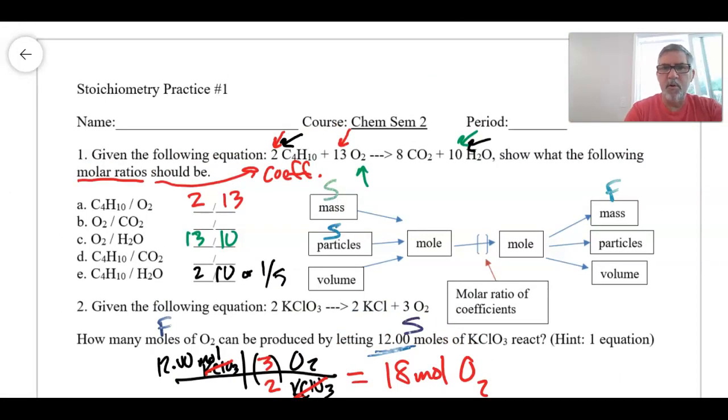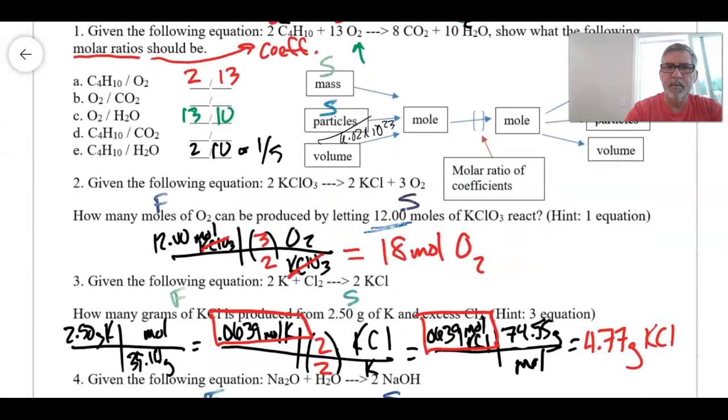Remember, if I'm going from particles to mole, I have to use Avogadro's number, 6.02 times 10 to the 23rd. So I have to divide by Avogadro's number. When I go to moles, I do my mole to mole and my mole to mass.